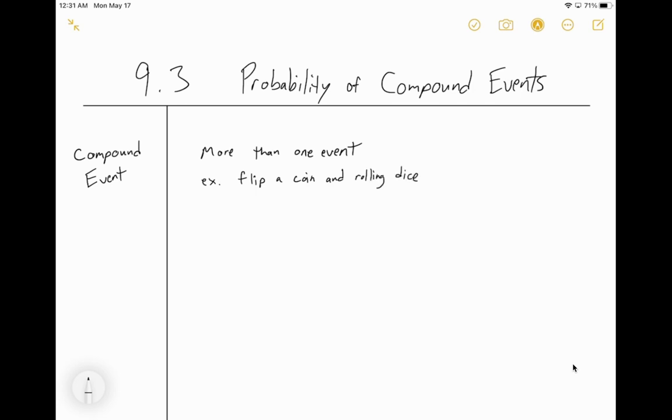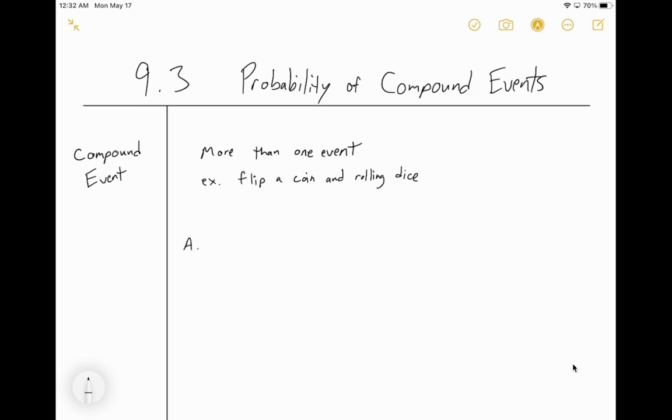Rolling dice is a single event, but together they are a compound event, right? That kind of makes sense, right? It could be 2 things, 3 things, 4 things happening, and we're going to see the likelihood of those certain things happening.